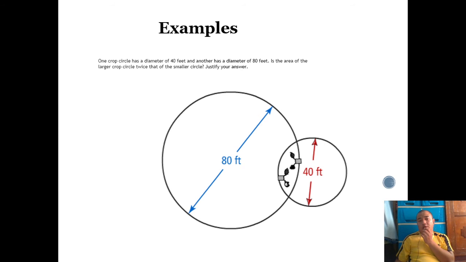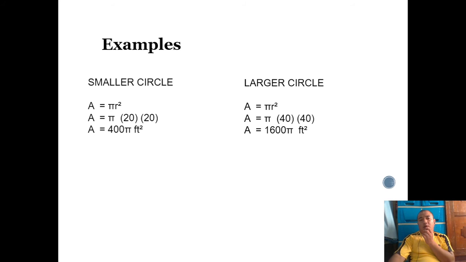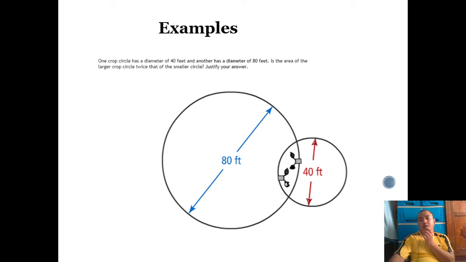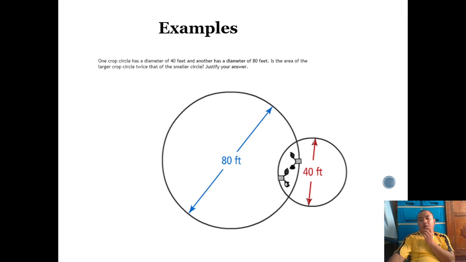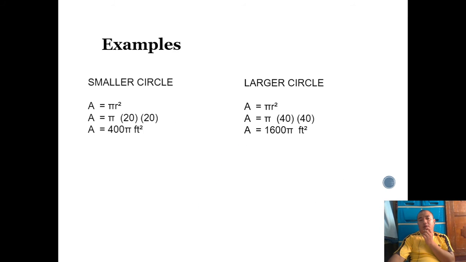One crop circle has a diameter of 40 feet, and another has a diameter of 80 feet. Is the area of the larger crop circle twice the smaller circle? Let's find the area of the smaller circle with diameter 40 feet. That means the radius is 20 feet, so we have 400 pi feet squared.